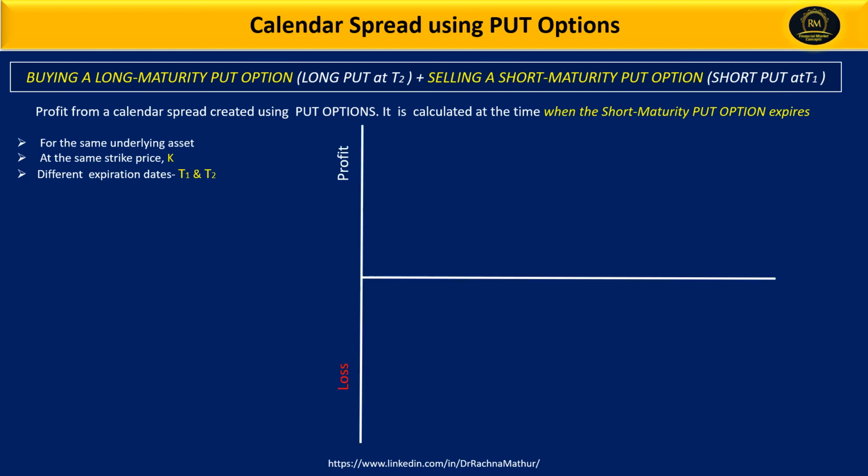This is the profit and loss line, this is the stock price line, and this is the strike, K. First we make a strategy with the short put. As soon as we short a put, or sell a put, this much amount is credited to our account. If the price goes up, the short put has a limited profit equal to the option price. If the price goes down, the short put expires.